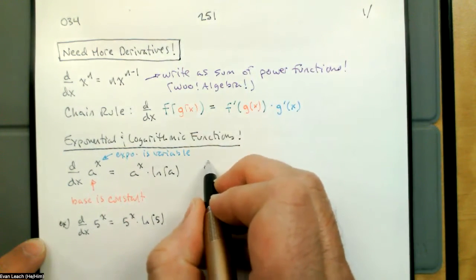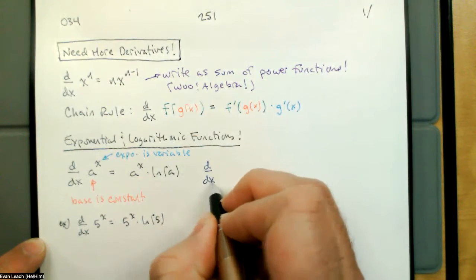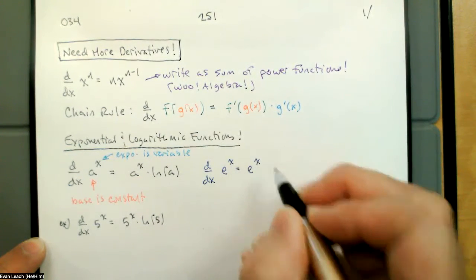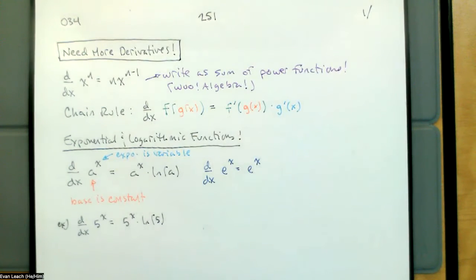The derivative of e to the x is e to the x. This is going to be our favorite. We don't have to write natural log of e because natural log of e is 1. Natural log of e is asking the question, e to what power is e?